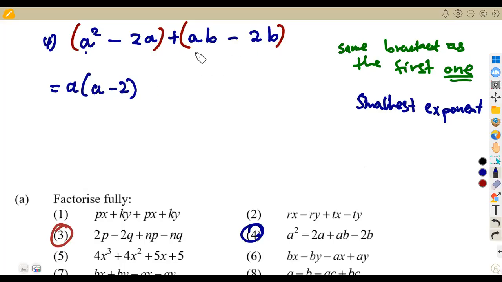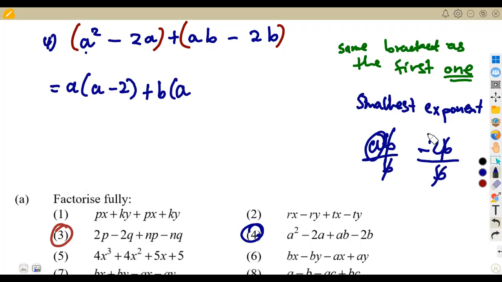In this case, it must be a plus, so that this becomes a plus and this becomes a minus. We must factor out plus b, so that ab divided by b gives us a positive. That's ab over b, it cancels like this. We remain with a minus 2b on this part divided by this b. It means we are going to remain with minus 2. So this is going to give us minus 2.